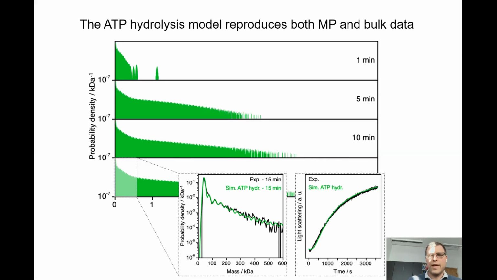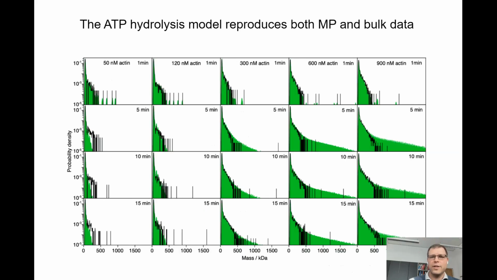Plus, I got net growth and could actually describe the bulk scattering curves much better than before. And to confirm, I used the same kinetic rate constants and simulated data for different actin concentrations. And in all the cases, I could explain my experimental data fairly well with this new model.